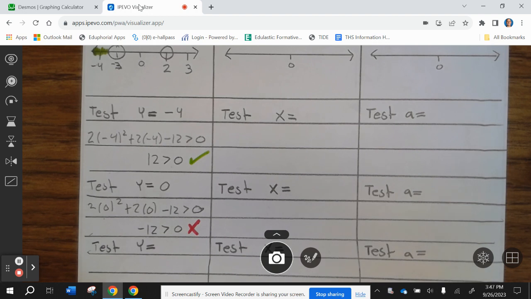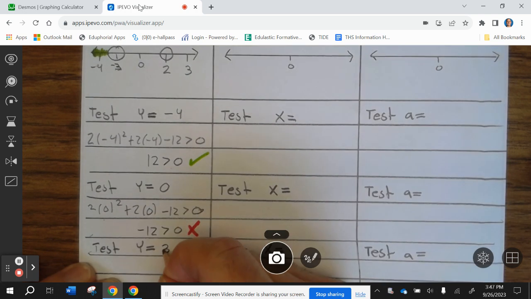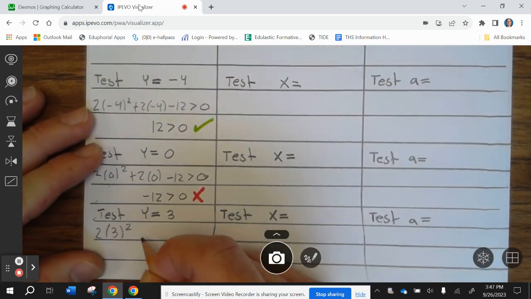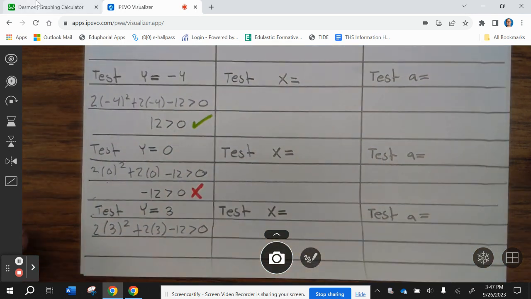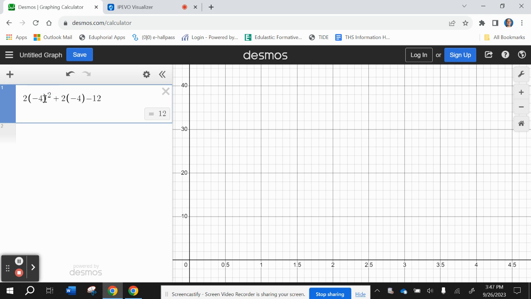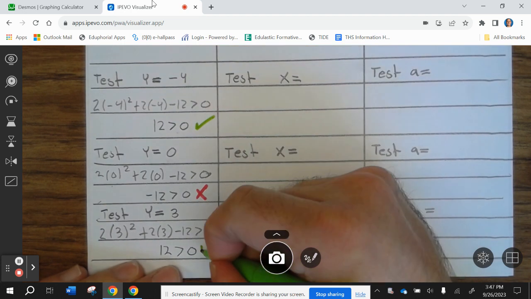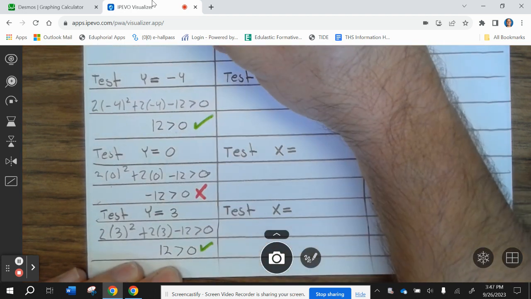Now, let's test the last value. Let's test y equals 3. So that's 2 times 3 squared plus 2 times 3 minus 12 greater than 0. So here, I'm just going to change the negative 4's to 3. And we get 12. 12 is greater than 0, so that checks. So we can shade here.